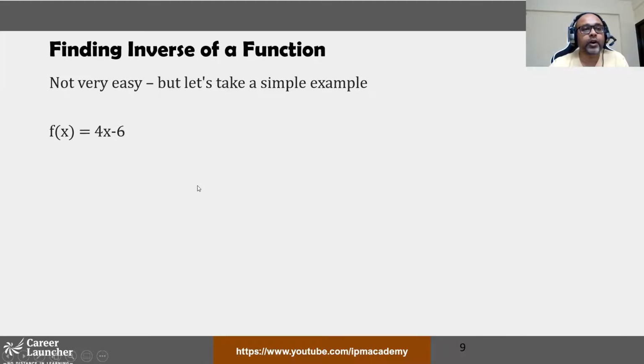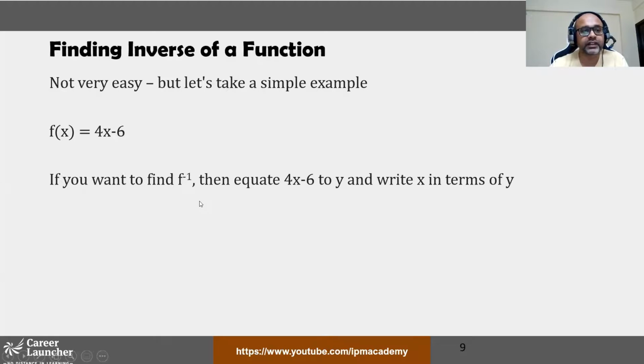We will take an example of f of x equal to 4x minus 6. The steps to find an inverse: you write 4x minus 6, equate it to y, and write x in terms of y. We already did this when we were checking whether something is onto or not; the first steps are very similar.